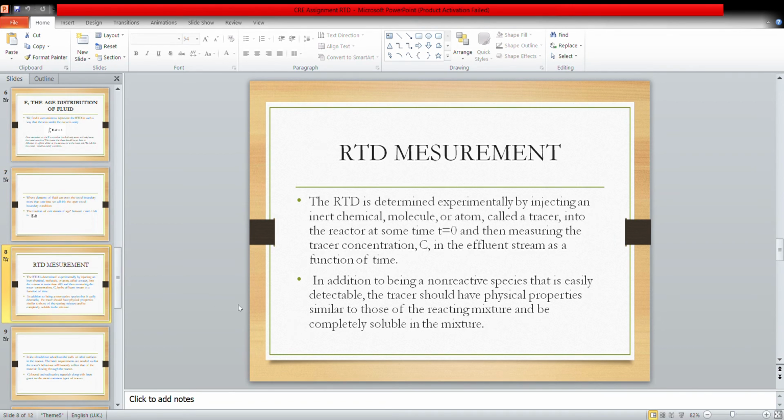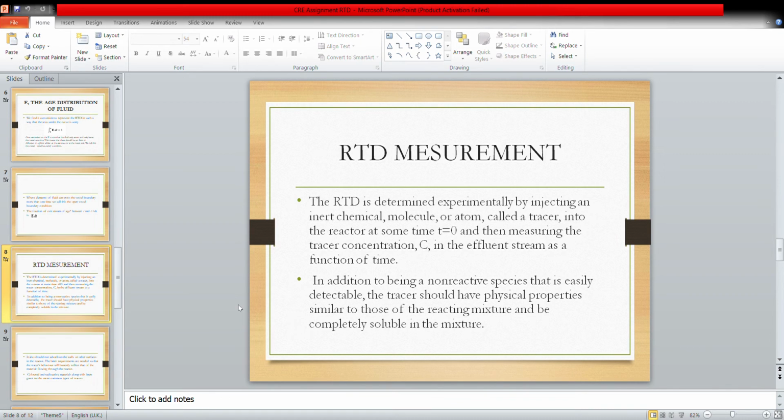Now let us see the RTD measurement. The RTD is determined experimentally by injecting an inert chemical molecule or atom called a tracer. So when RTD is measured, we are injecting an inert chemical, or it can be a molecule or atom, that is a tracer.